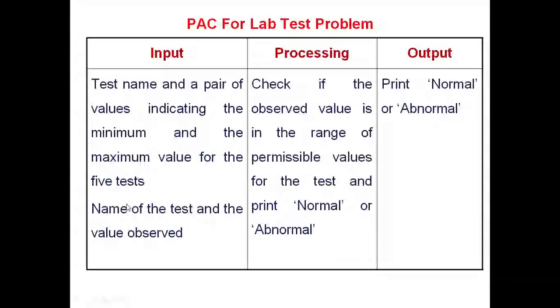So you read the 5 test names and the pair of minimum and maximum values, and then the name of the test for a particular patient and the value observed. And the processing involved is to check whether the observed value is in the range of the permissible value, right? That is how we refer to the table manually, and you must code it, and then you will print normal if it is in range and abnormal if it is not in range, right? So the output will be to print normal or abnormal.